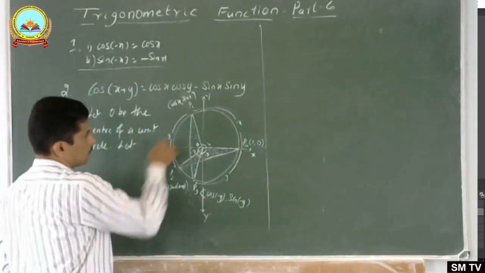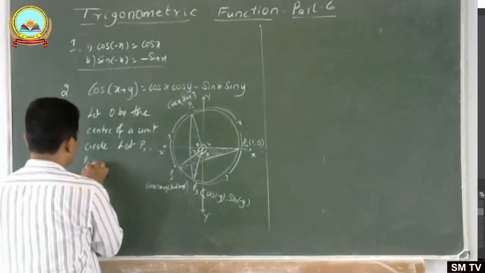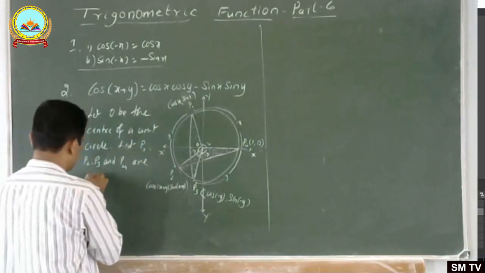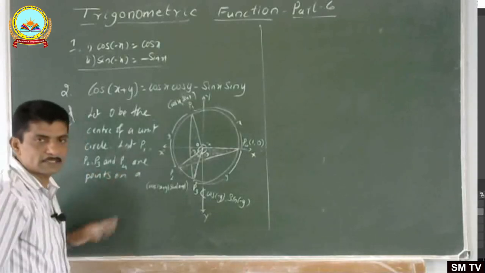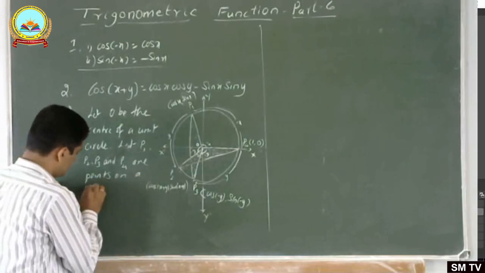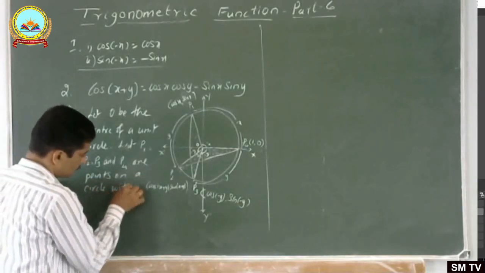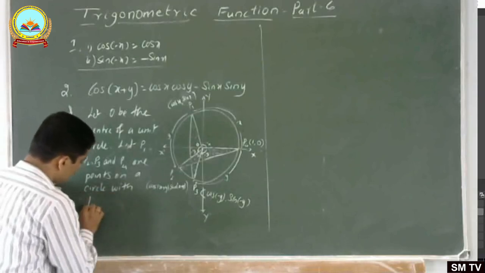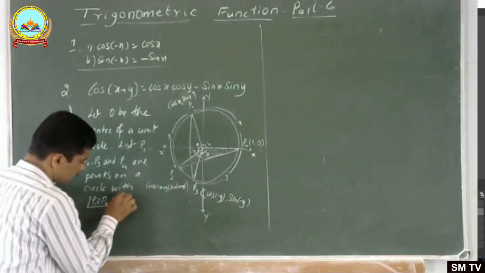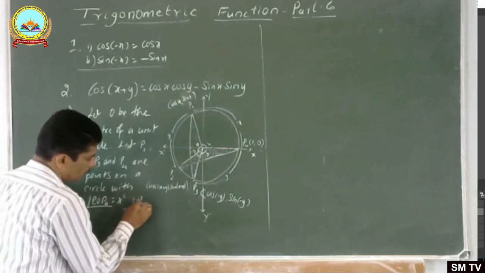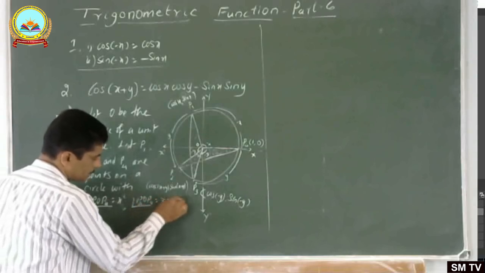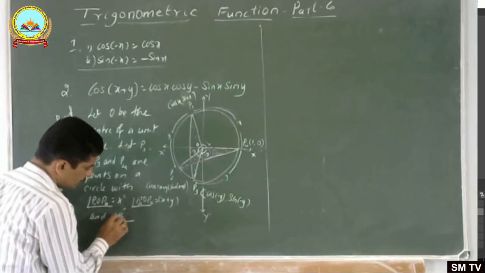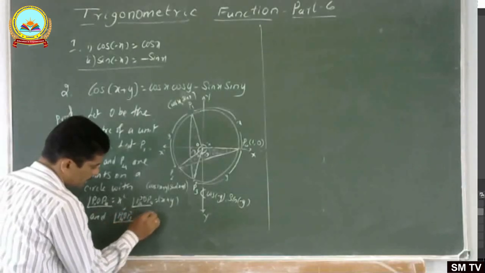Let us assume that P1, P2, P3, P4 are 4 points on a unit circle, with arc length P1P4 equal to x unit, or you can say that angle P1OP4 is equal to x radian, angle P2OP4 is equal to x plus y, and angle P4OP3 is equal to minus y radian.